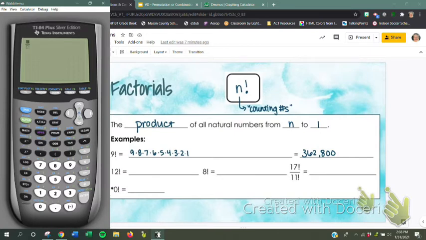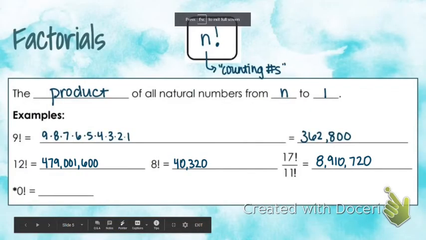So type in 17, and our exclamation point is under math, left arrow, number 4. Then go to the bottom and do 11, math, left, 4, enter. And we get 8,910,720.